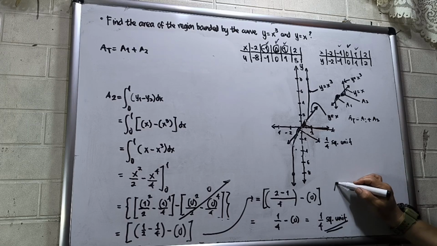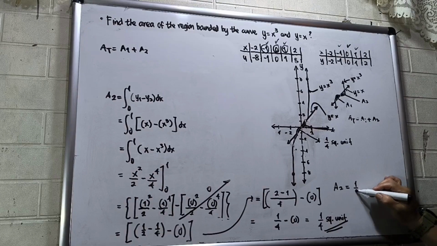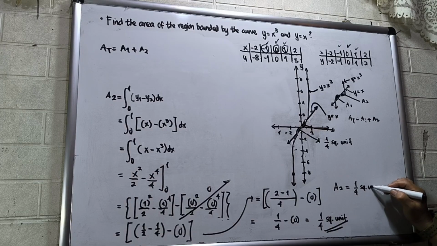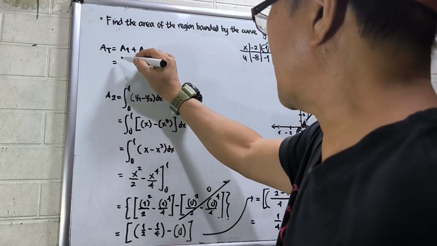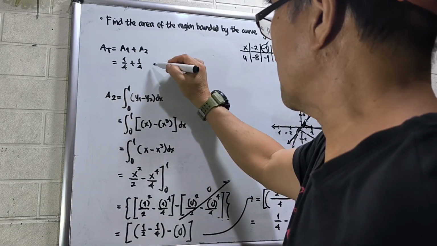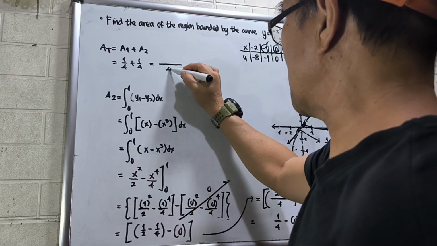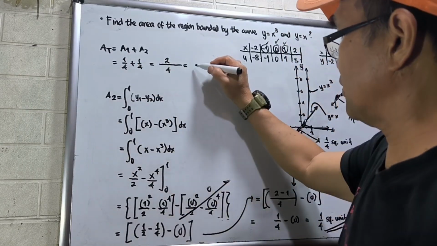Okay? So area 2 is equal to 1 over 4 square unit. So I have now area 1 is 1 over 4 plus 1 over 4. So this will be equal to 4 in the denominator. Then 1 plus 1, that will be 2. Reduce to lowest terms, divide by 2.